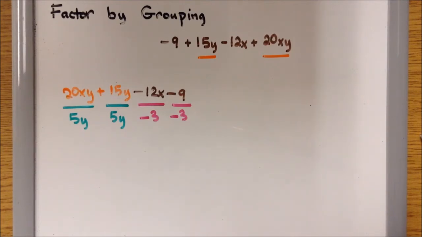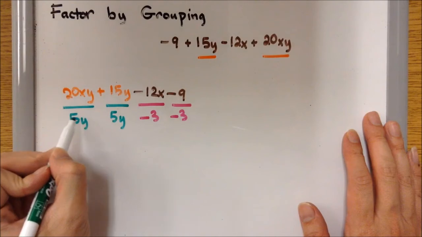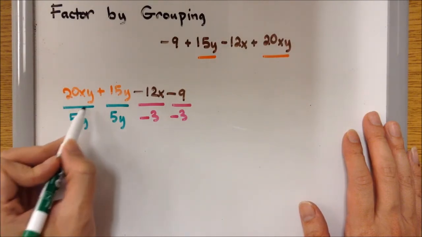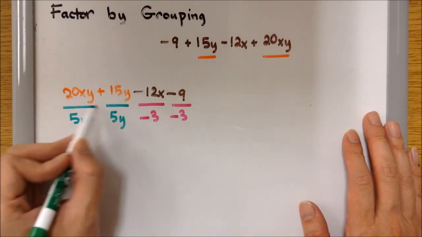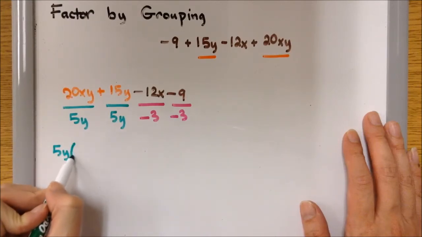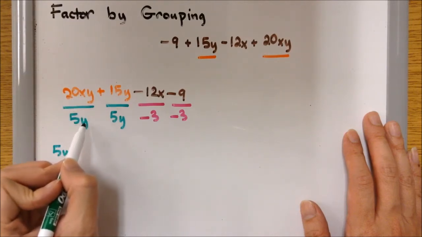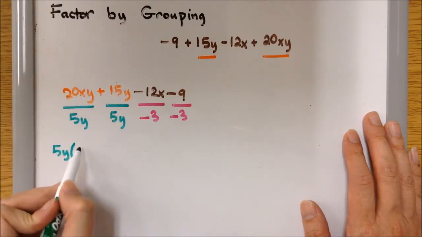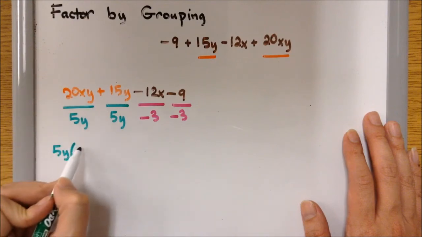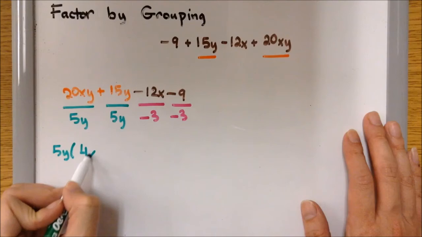Alright, so continue with factoring by grouping. When I factor out 5y, or divide by 5y, on the left side, 5y will be on the outside of the parenthesis. 20xy divided by 5y: 20 divided by 5 is 4, and xy divided by y is simply x.